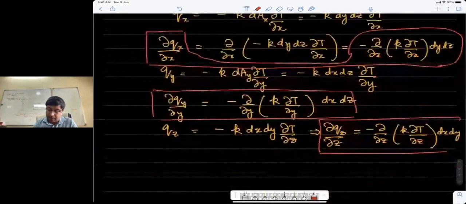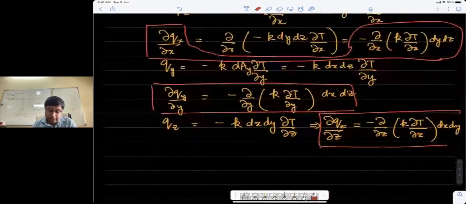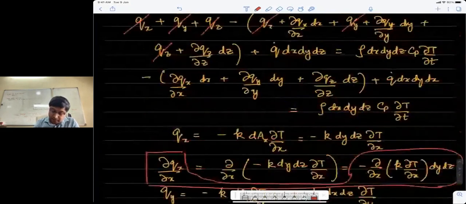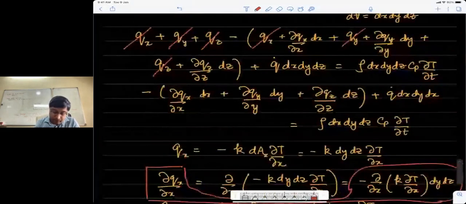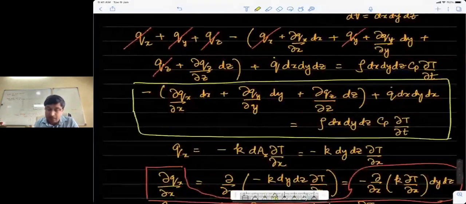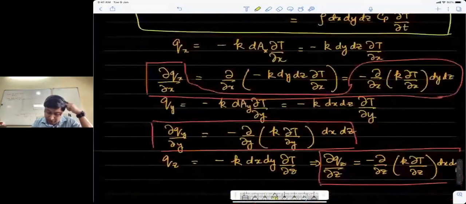Once we have these three derivatives of the heat transfer rate, I can now plug them into this equation, and let's do that to complete this formulation.